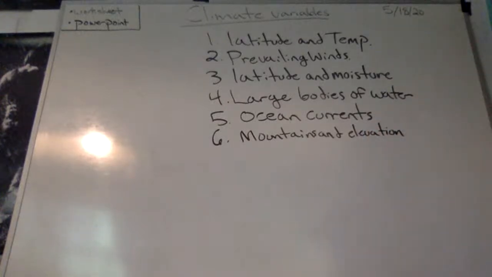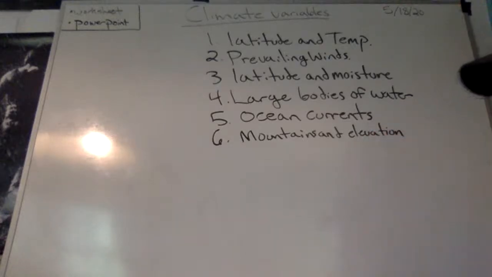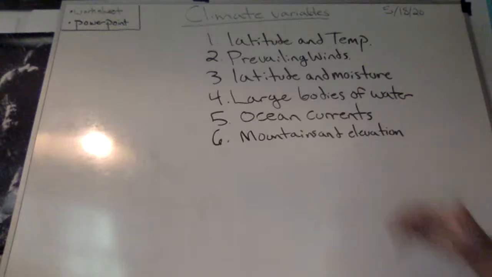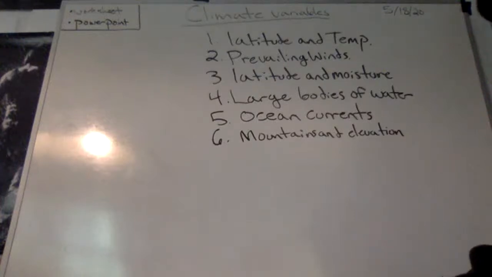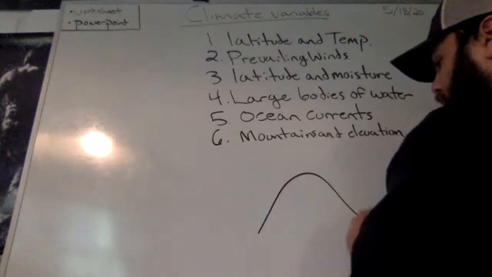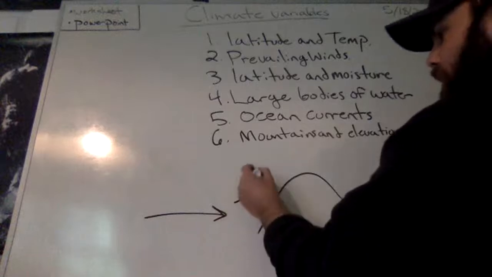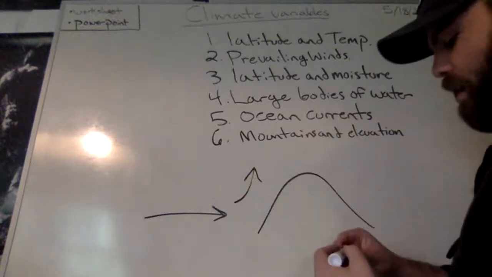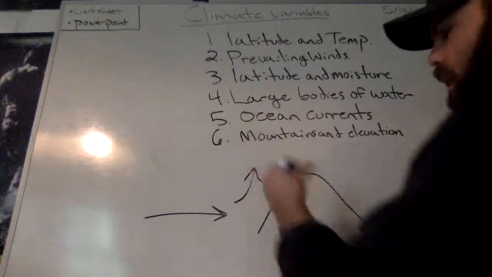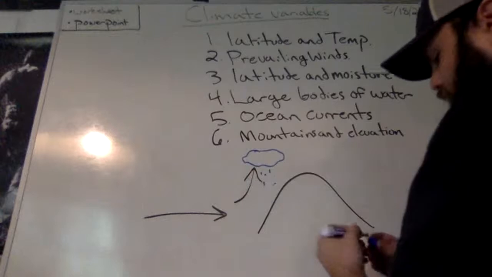So mountains and elevation, what we're talking about is basically the higher the elevation, the colder due to the temperature decreasing. And that's when we look in our reference table, when we're increasing altitude, our temperature goes a lot lower. And this also goes with our picture of a mountain, okay? If we have a wind coming in, the wind has to go up. So as it goes up, all that water vapor starts to form a cloud. It precipitates.